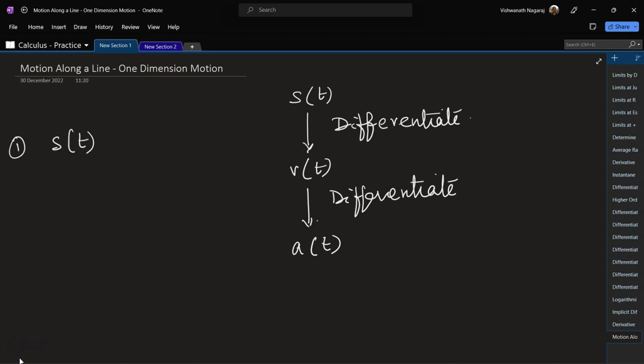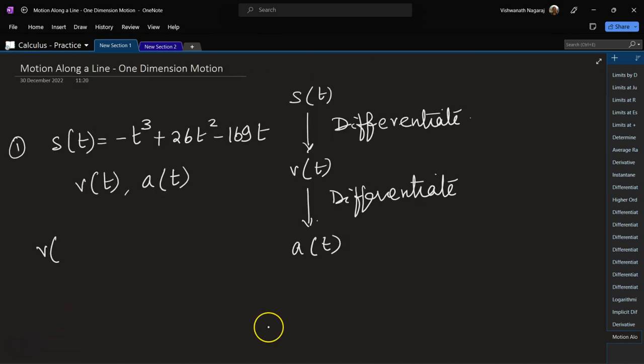Let's say we are given s of t as minus t cube plus 26 t square minus 169 t. We have to figure out v of t and a of t, that is velocity and acceleration. To figure out v of t, we have to differentiate s of t with respect to dt.